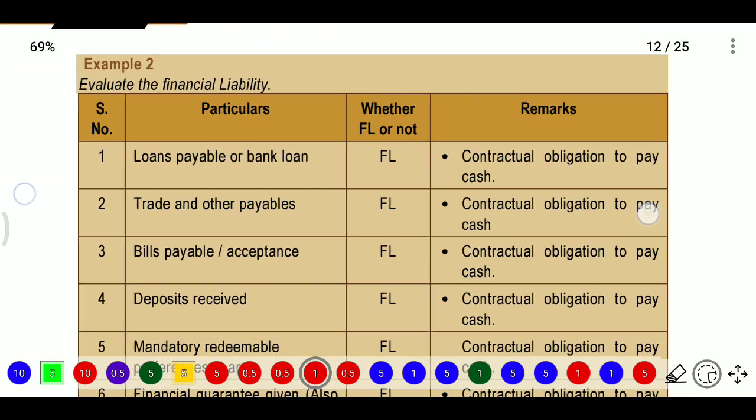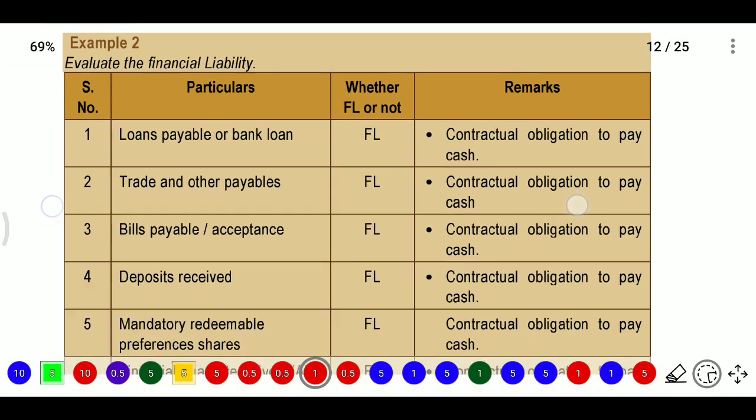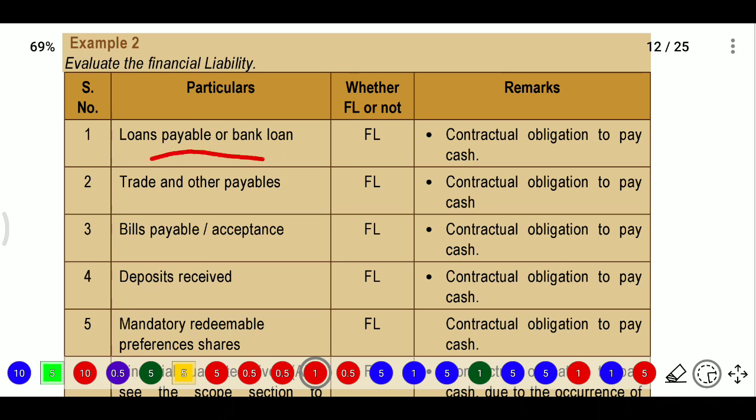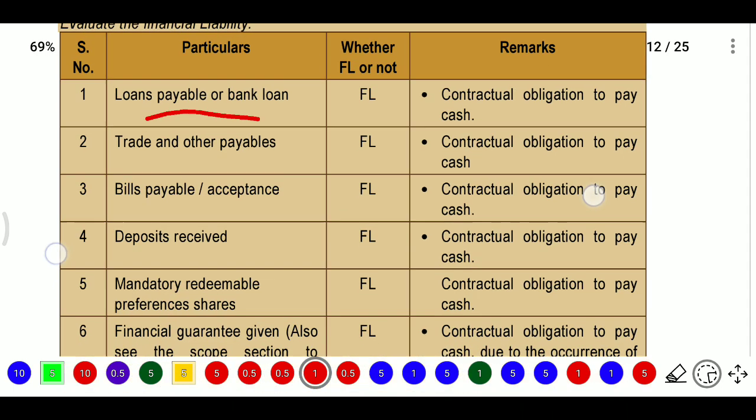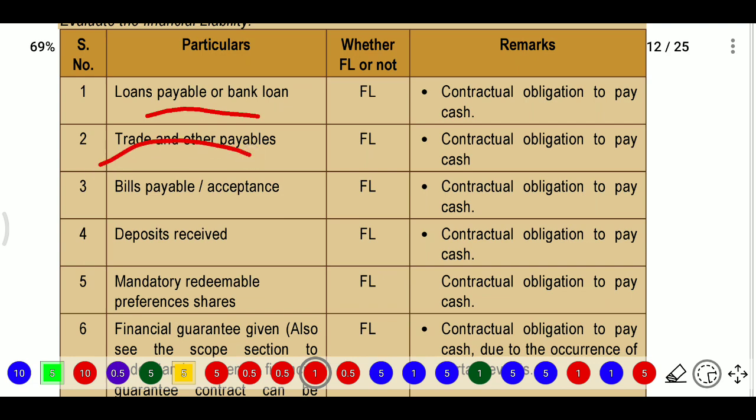Now we will evaluate whether each item will be a financial liability or not. Loans payable to banks: if you have taken a loan from the bank, it will be a financial liability, as a contractual obligation to pay cash is there. Trade and other payables are financial liabilities only. Whatever the current liabilities are, there is a contractual obligation to pay cash for trade and other payables.